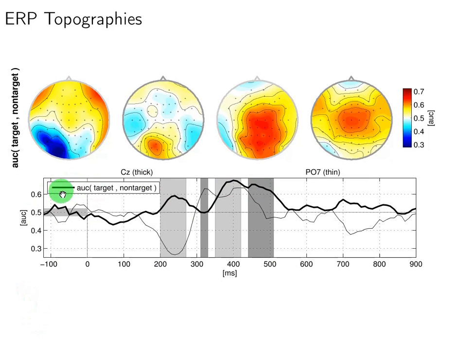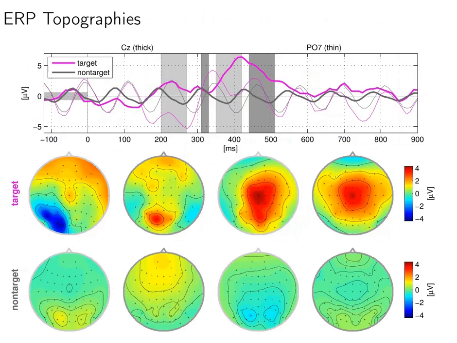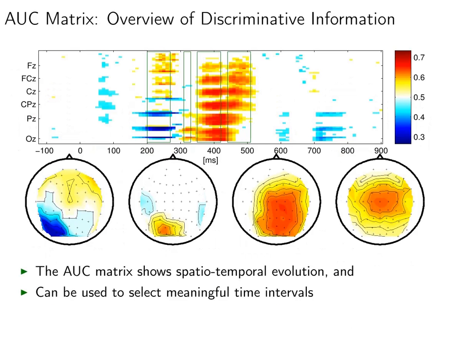For example, we can calculate the AUC between target and non-target ERPs and then interpolate, for the first, second, third, and fourth segments. The AUC shows a difference between target and non-target events, which is another way to visualize discriminable features.